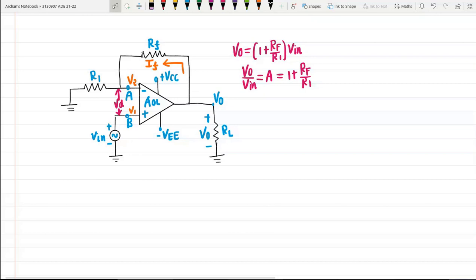You can see the voltage drop across this RF is directly connected to terminal A. So this terminal A will be at potential VF and terminal B is at potential V in. Okay, so the difference between V in and VF will be our difference voltage. Okay, and this feedback voltage opposes the input voltage. Okay, it will be 180-degree out of phase with respect to the input, and that is seen.